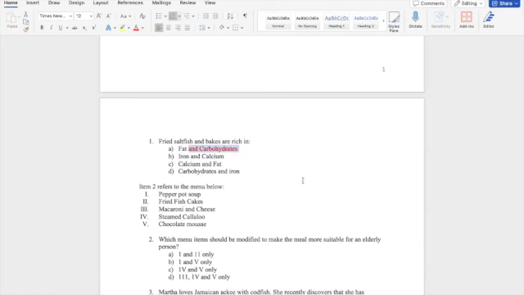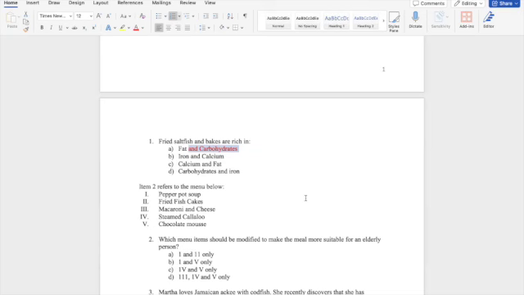Refer to item 2. So you have some options. They say the menu below: we have pepper pot soup, fried fish cake, macaroni and cheese, steamed callaloo, chocolate mousse.